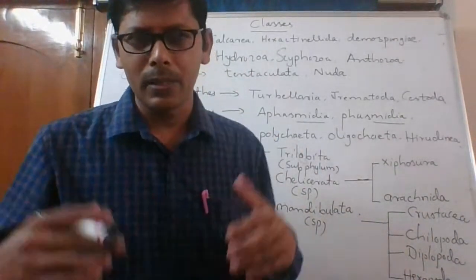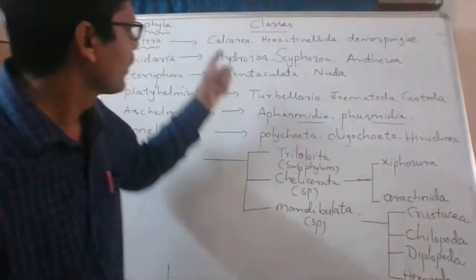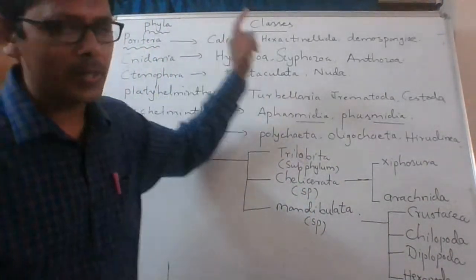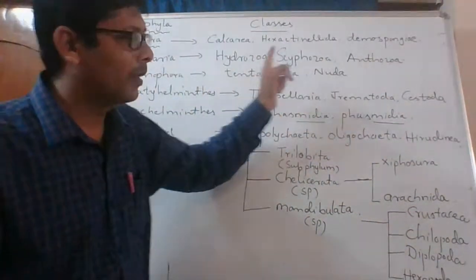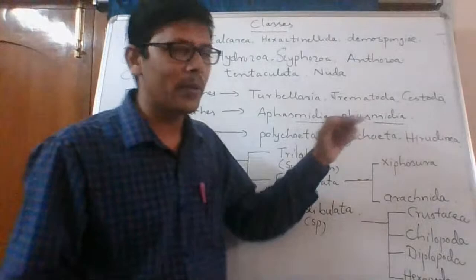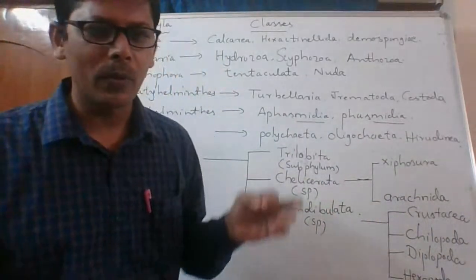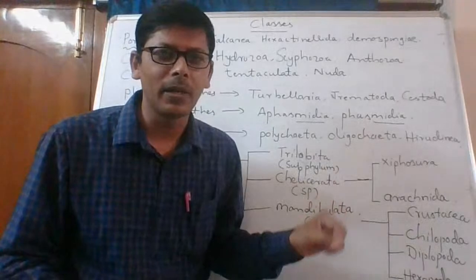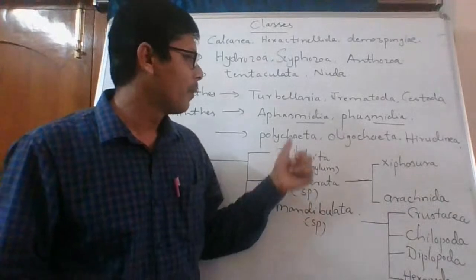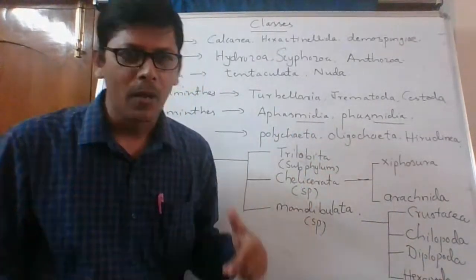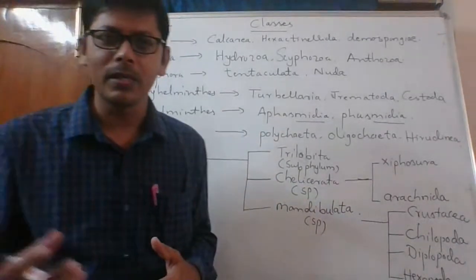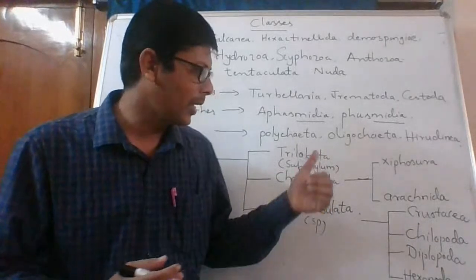Okay, now let us start our song again from the beginning. Calcarea, Hexactinellida, Demospongiae, Hydrozoa, Scyphozoa, Anthozoa, Tentaculata, Nuda, Turbellaria, Trematoda, Cestoda, Aschelminthes, Polychaeta, Oligochaeta, Hirudinea, Trilobita, Chelicerata, Mandibulata.